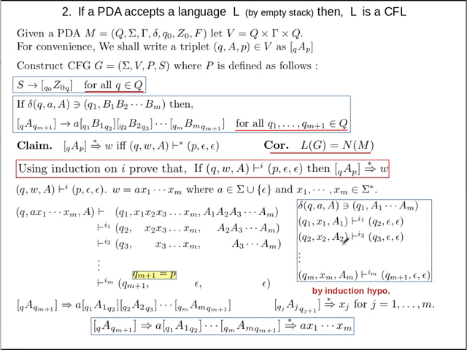For this A2 we are consuming X2, for A1 we are consuming X1. Just compare this with this claim; it's a direct application of it. So we are generating these Xj's from these symbols.